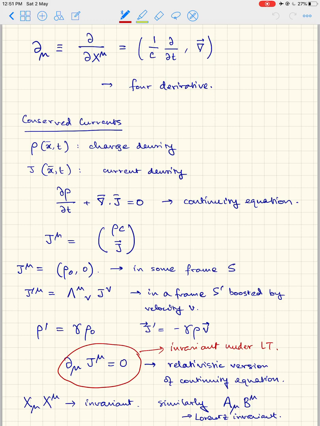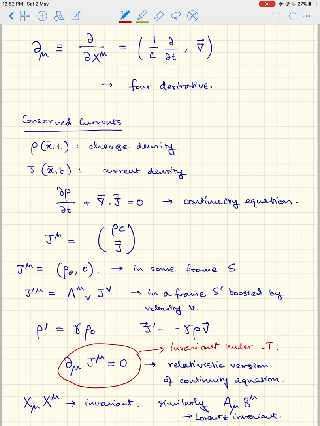Finally, we defined something which was a 4 vector. This had an index downstairs. And I showed you that if you write down the continuity equation in a 4 vector form, where you looked at J mu as rho C and J, you could write down the continuity equation in a form which is del mu J mu equal to 0.